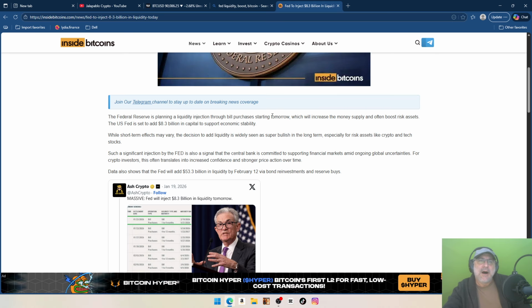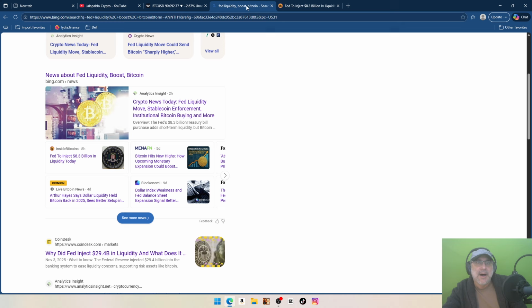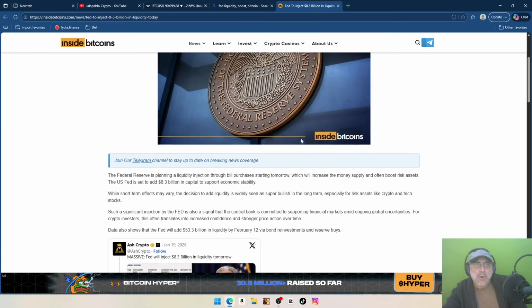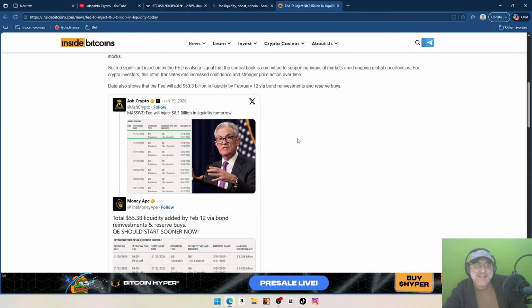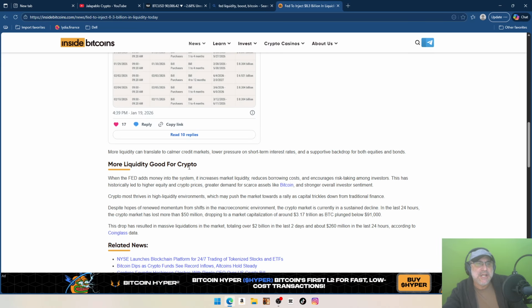And so this could very well fuel the herd to create this sort of last UTAD. If we haven't seen it already, then this could well nigh catalyze such a movement. And so, more liquidity, good for crypto.